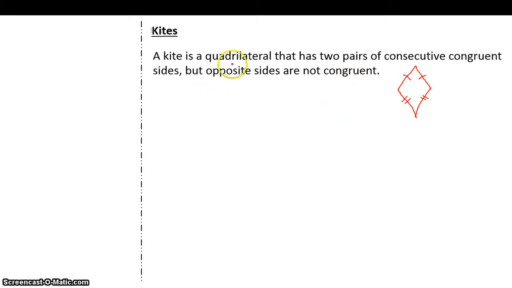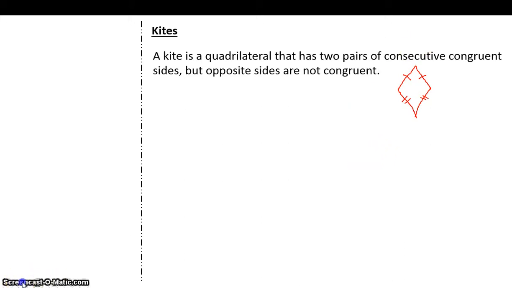So a kite is a quadrilateral that has 2 pairs of consecutive congruent sides. Consecutive means they're touching each other. They could have also said adjacent, I guess. So these 2 sides, and then these other 2 sides are different lengths. Because opposite sides can't be congruent, otherwise it fails to be a kite, it would be a parallelogram instead.